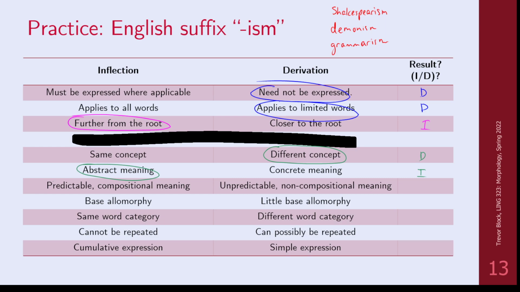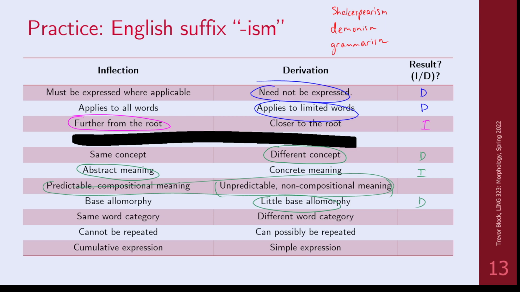So it's mostly unpredictable, but there are a lot of words that do mean the same thing. So it's sort of like a wash, sort of like both, although I would lean it more towards predictability. Is there any base allomorphy? Not really. You'd have to think of a lot of words, so I'll just tell you that.